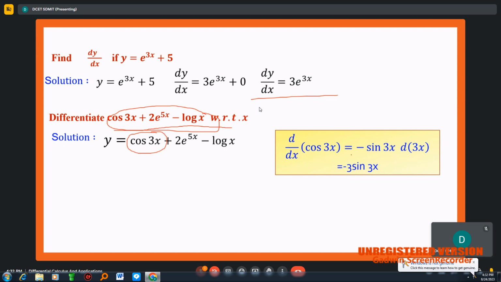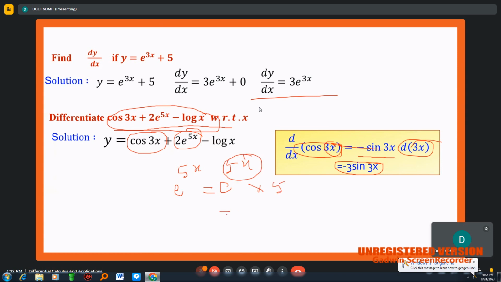Cos 3x differentiation is minus sin 3x, again into the differentiation of 3x, which is 3. Therefore, differentiation of cos 3x is minus 3 sin 3x. Similarly, what is the differentiation of e to the power of 5x? It is e to the power of 5x into the differentiation of 5x with respect to x, which is 5.